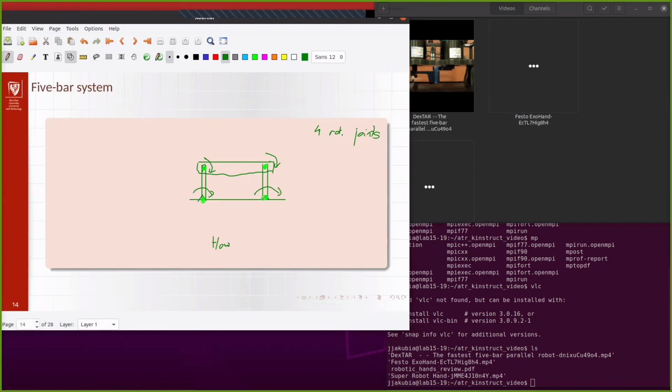So our question: how many degrees of freedom? Let's have 30 seconds to think about it. Either someone say it or put it in chat.